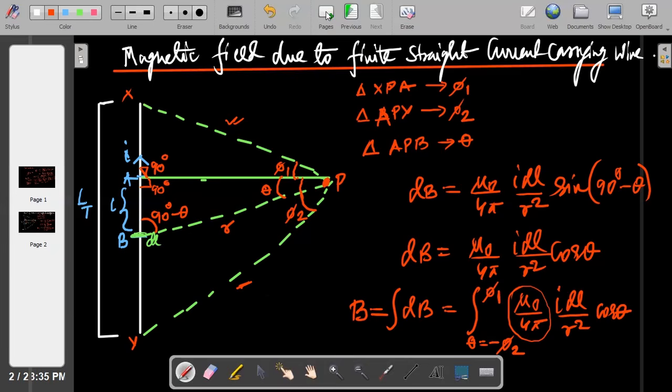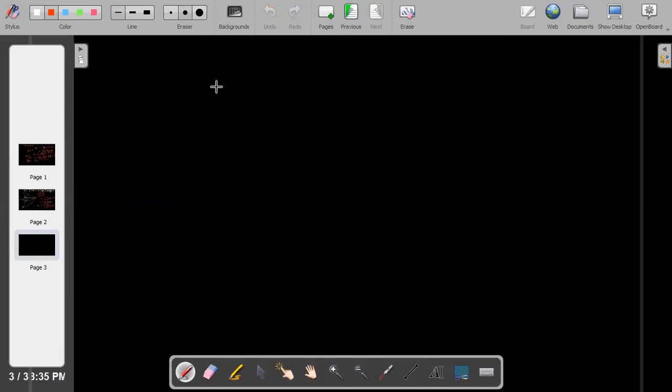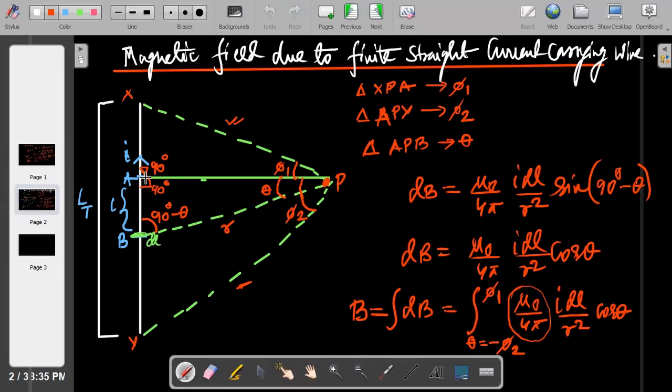If you see this triangle ABP, A, B, and P, what can you find? What is cos of theta? Cos of theta means base by hypotenuse.